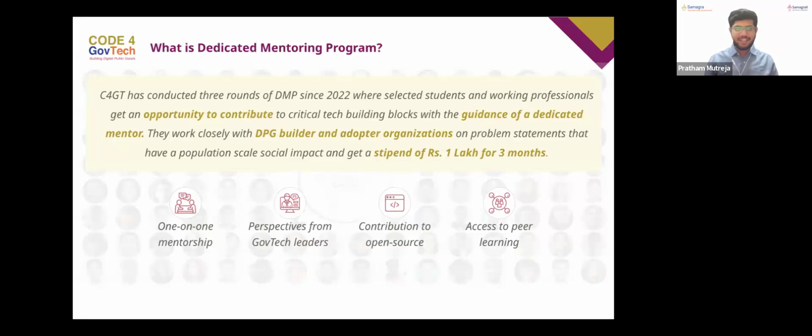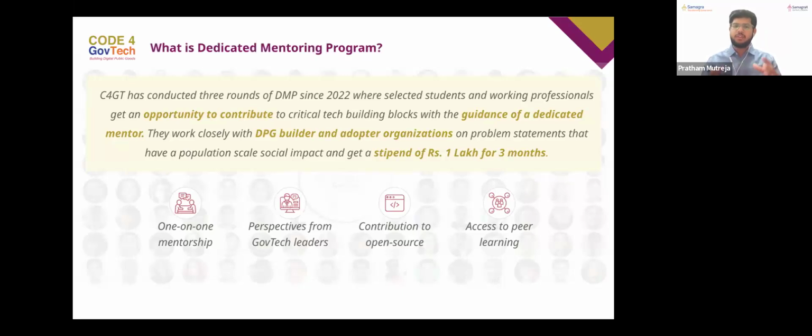So net, the idea is that we talked about certain organizations that are building open source pieces of tech which improve the lives of people on a population level. Now these organizations require development support. So we are getting into an internship with them for a period of 3 months, wherein we work one-to-one with these organizations under the guidance of a dedicated mentor.